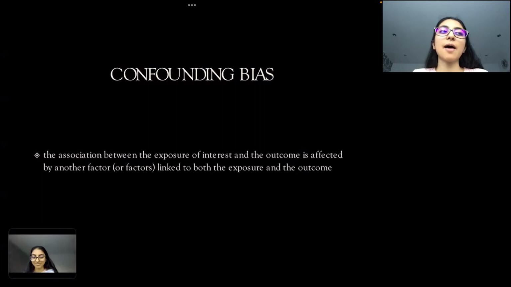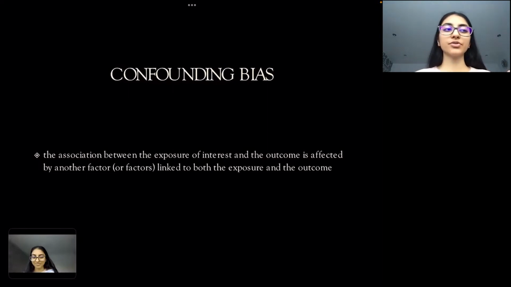Even though that may seem like a causal relationship, what may actually be the culprit here is a confounding factor. So for example, smoking. So smoking decreases bone density and therefore increases the risk of osteoporosis, which therefore means there's an increased likelihood of requiring a vertebroplasty.